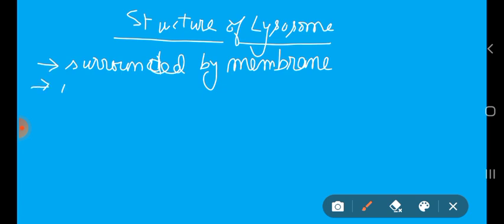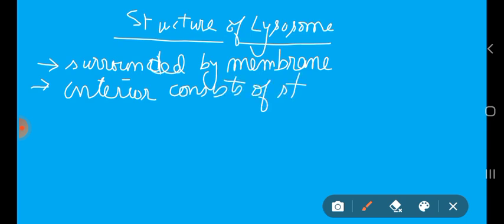Interior consists of stroma and vacuole.